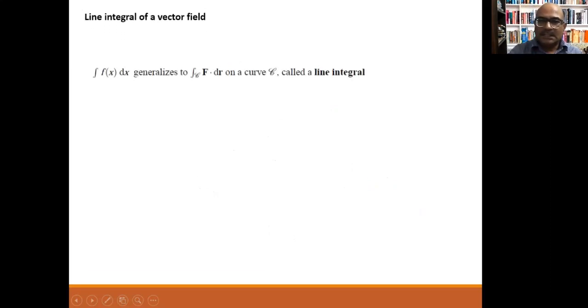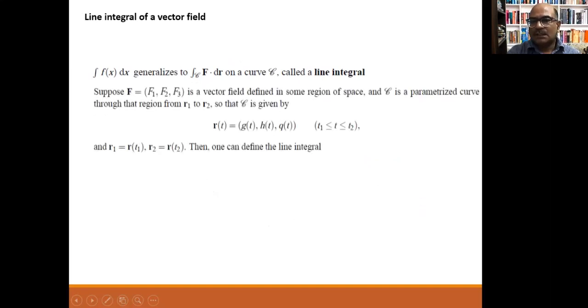And we can easily generalize this as the integral over this curve of f dot dr, and this curve is like this symbol we are given. So we can write that if f is equal to f1, f2, f3, and this is a vector field defined in some region of the space, we can parameterize this accordingly. r(t) is equal to g(t), h(t), q(t). Okay.